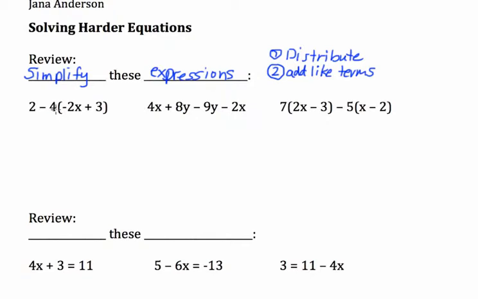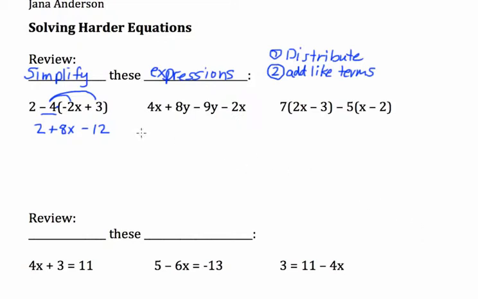Right here I have a 4 times this parenthesis. Make sure that you take the sign in front of that 4, negative 4, and distribute it. So negative 4 times negative 2x, a negative times a negative is a positive, so that's positive 8x. Negative 4 times positive 3, a negative times a positive is a negative 12, and then bring down the 2.